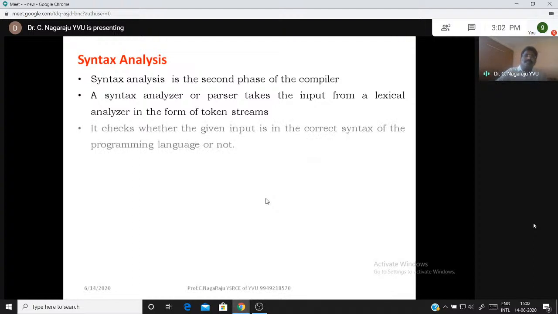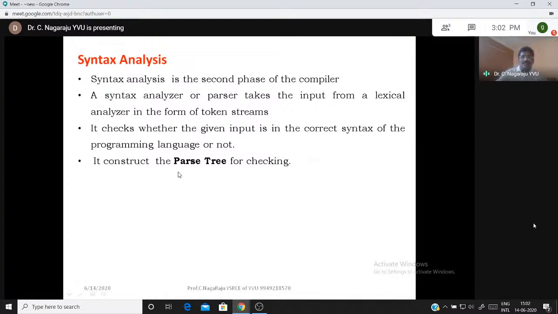The syntax analyzer checks whether the given input is in the correct syntax of the programming language or not. That is its main function. After that, it constructs a parse tree for checking.